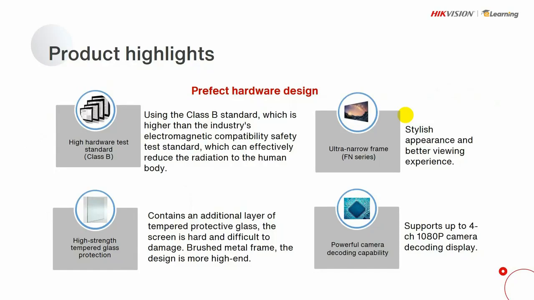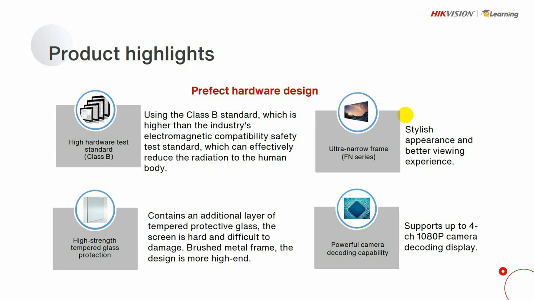And here we have a short summary of the highlight features of our digital signage products. First will be the hardware design. It uses the Class B standard, which is higher than the industrial electromagnetic compatibility safety test standard, and can also effectively reduce the radiation to the human body.